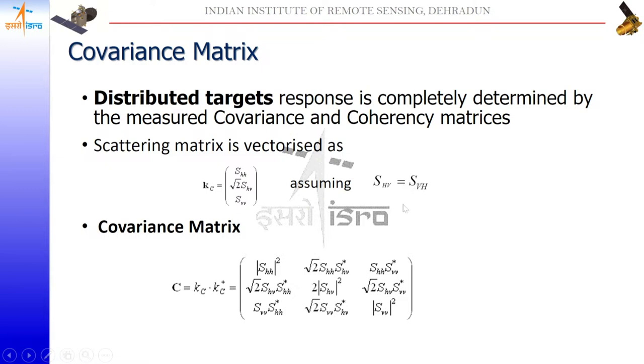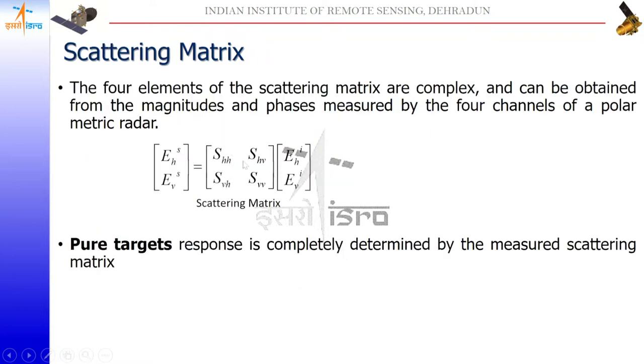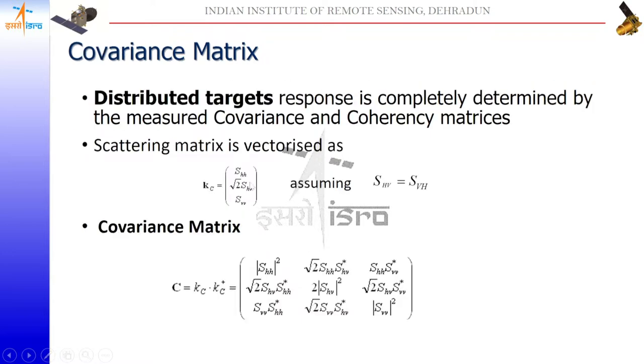Monostatic means we have the same transmitter and receiver on the same satellite platform. Bistatic means the transmitter and receiver are on different platforms. Most satellites are monostatic in nature, with transmitter and receiver on the same satellite. So we can consider HV equals VH, and vectorize it like this: HH, HV and VV.